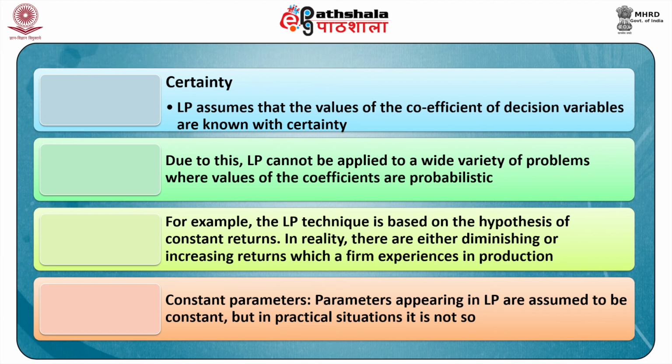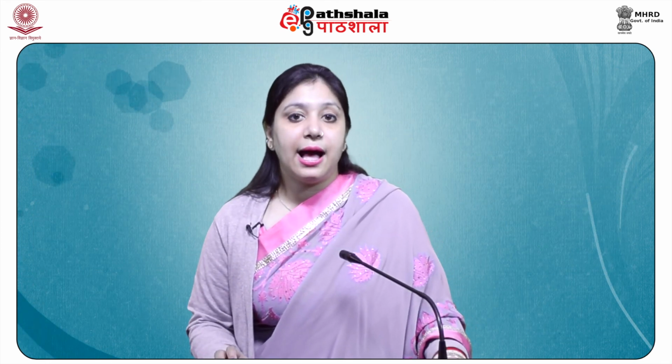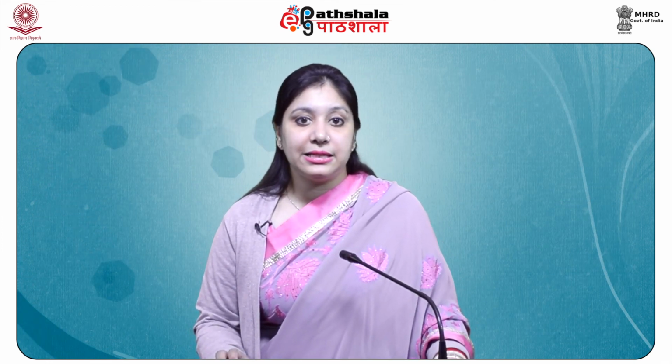In reality, there are either diminishing or increasing returns, which a firm experiences in production. Eighth, constant parameters. Parameters appearing in the linear programming are assumed to be constant, but in practical situations it is not so.